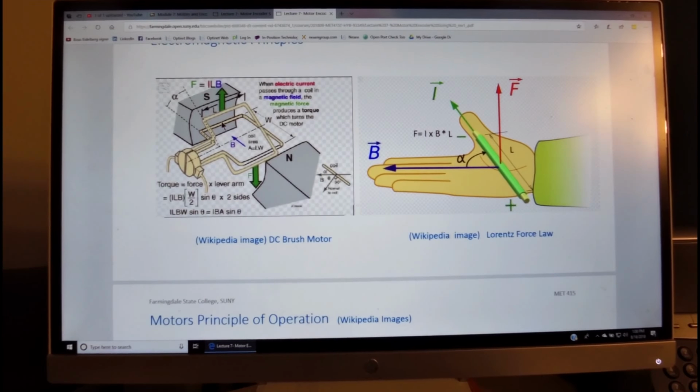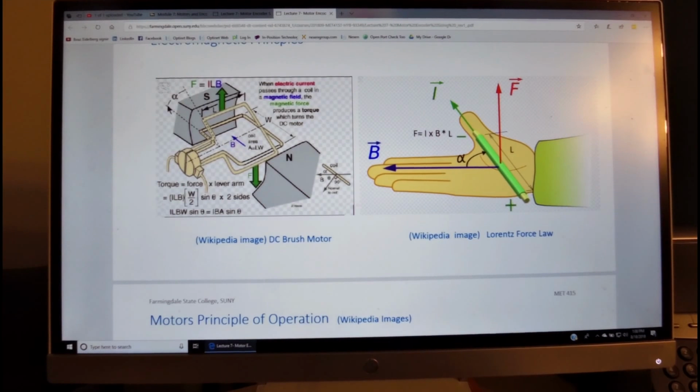The torque generated by this motor on the motor shaft will be, according to the Lorentz force law, I times L, the length, times the flux B, times the lever arm, which is half the width of the coil, and it also has to be multiplied times sine theta.